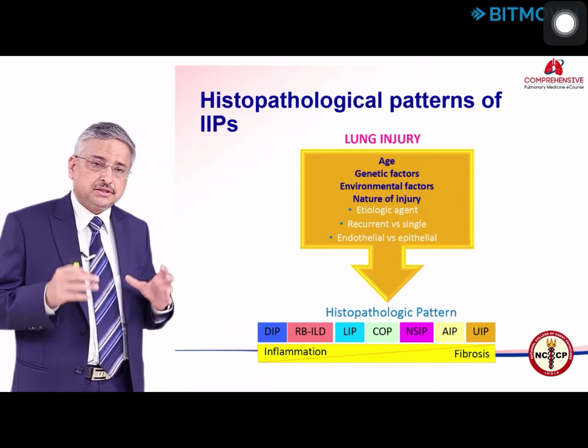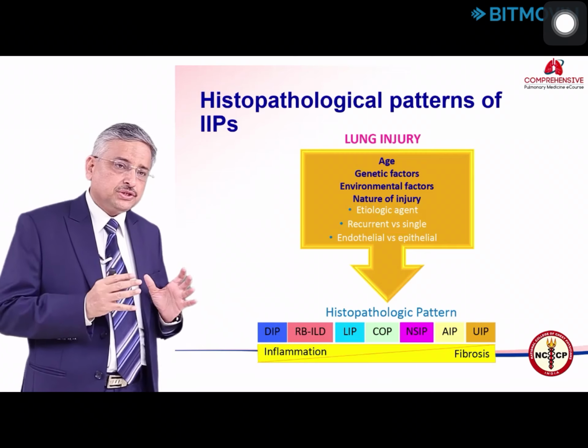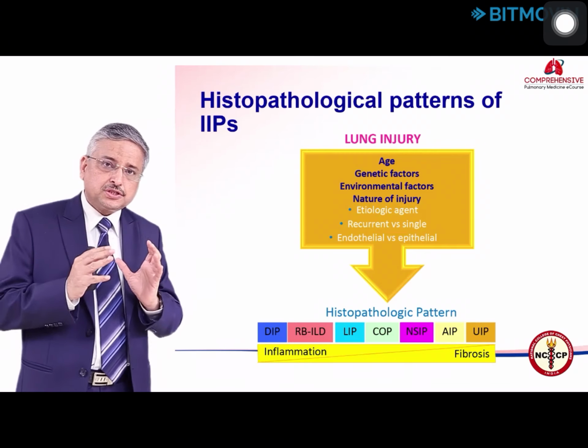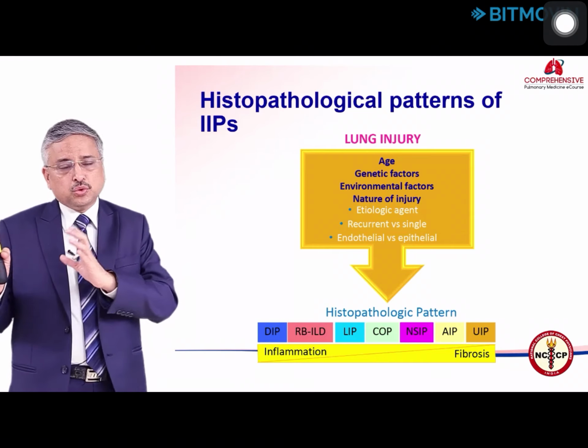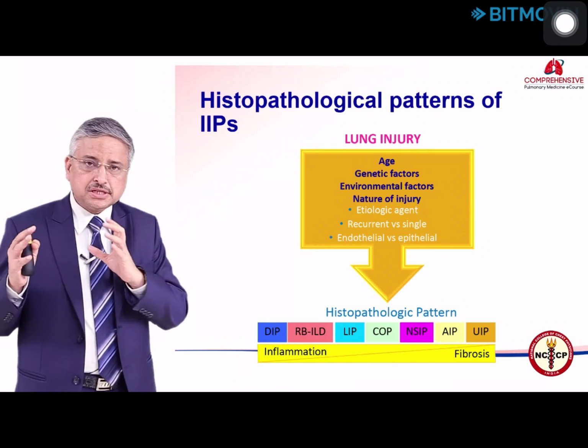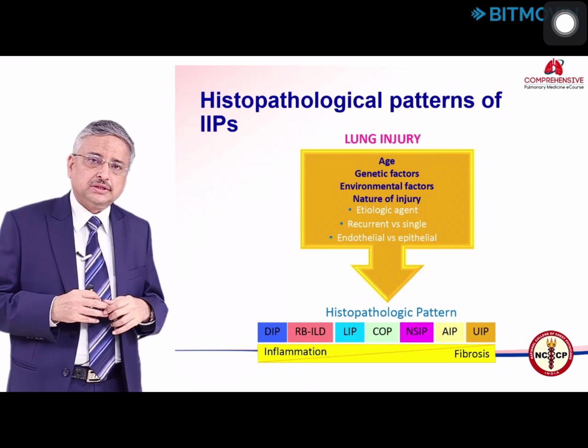So, if you are to look at the pattern of interstitial lung disease based on age, genetic factors, environmental factors, and the type of injury, you have some interstitial lung diseases which have a lot of inflammation and therefore are steroid responsive and respond to immunosuppressants, and then you have those like UIP or IPF where there is extensive fibrosis and the treatment is anti-fibrotic drugs like pirfenidone and nintedanib.